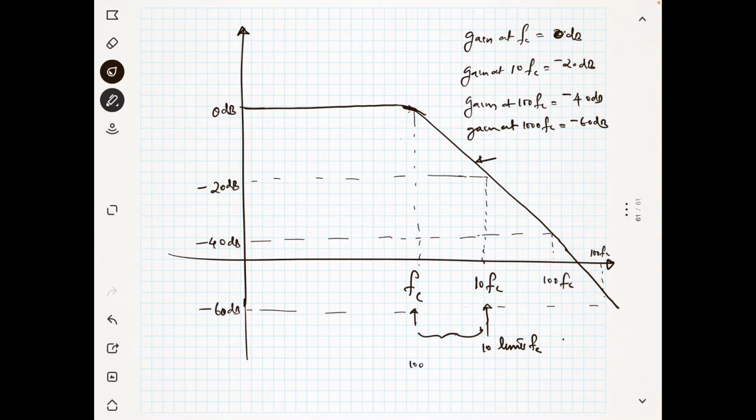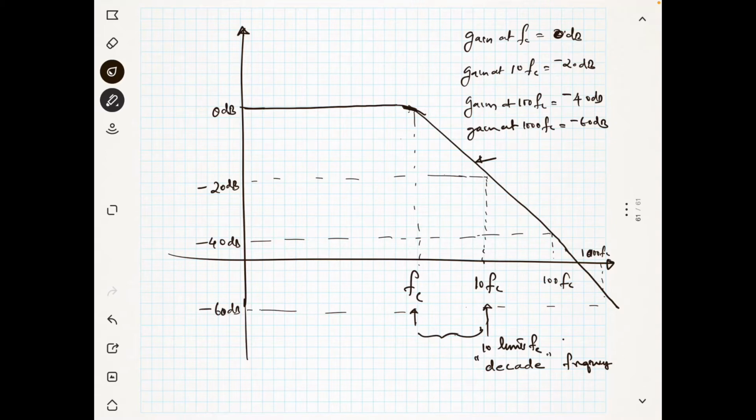If Fc is 100 hertz, then this becomes 1000 hertz. This 10 times frequency we call by another name, the decade frequency. So 10 Fc is the decade of Fc, 100 Fc is the decade of 10 Fc, and 1000 Fc is the decade of 100 Fc.